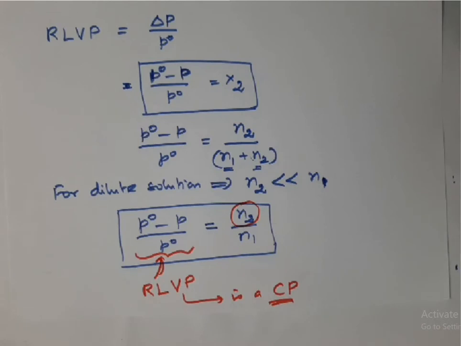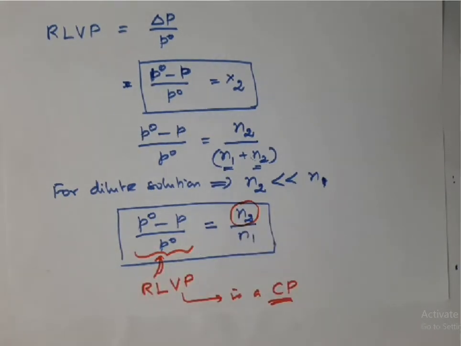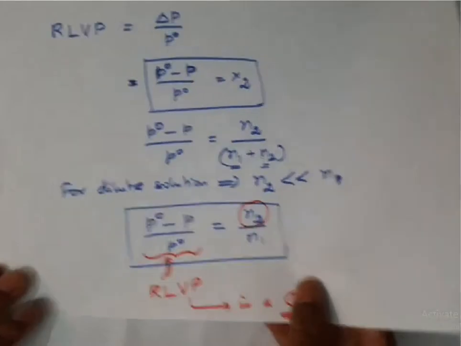Now what I am going to do, see, I took non-volatile solute. I did not mention whether the solute is electrolyte or non-electrolyte. If your solute is non-electrolyte, no problem, you can keep this as such. But your solution may be an electrolyte also. Therefore, if you use electrolyte, the number of particles will vary actually. Therefore, I am going to make a small modification here.